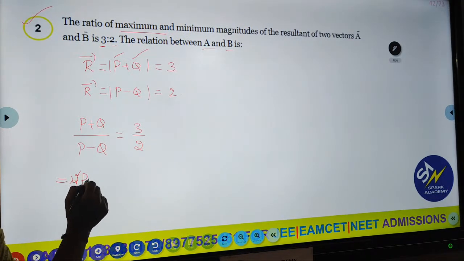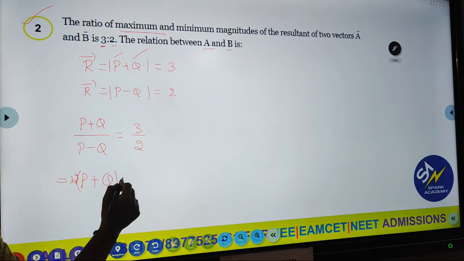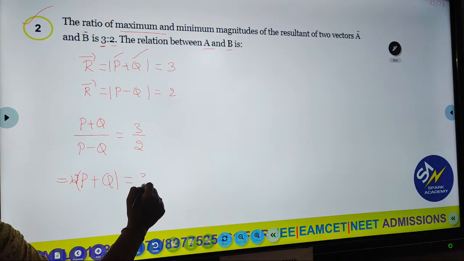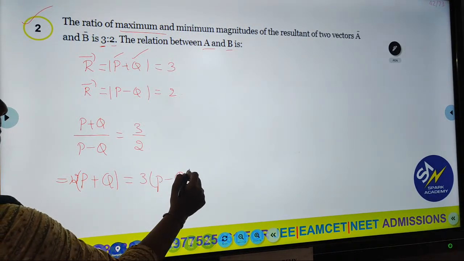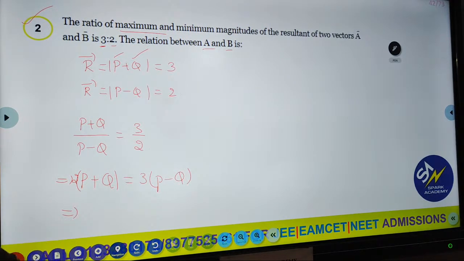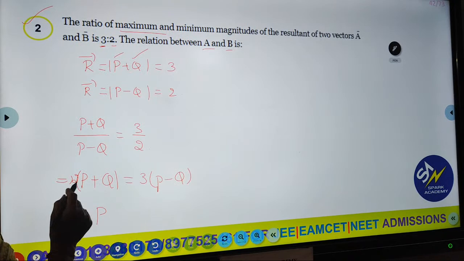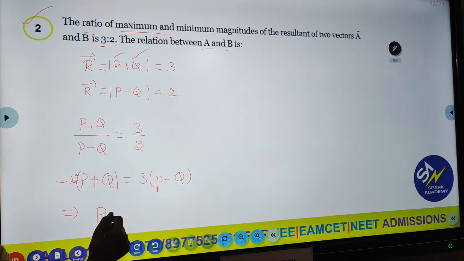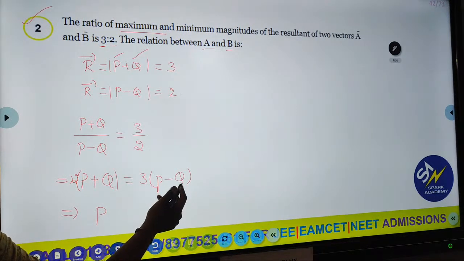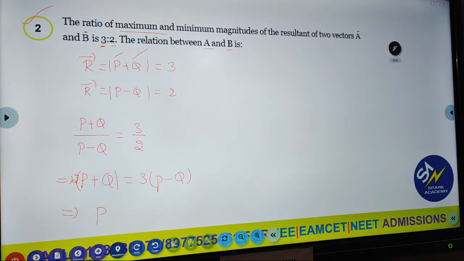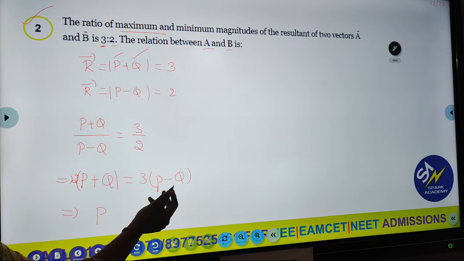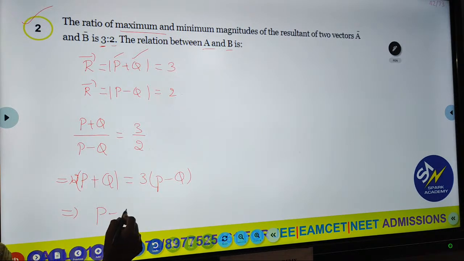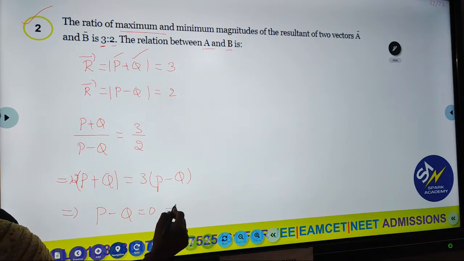Here, just a cross multiplication: 2 into P plus Q is equal to 3 into P minus Q. Then we get 2P plus 2Q equals 3P minus 3Q. Taking the terms to one side, we get P minus Q is equal to 0.